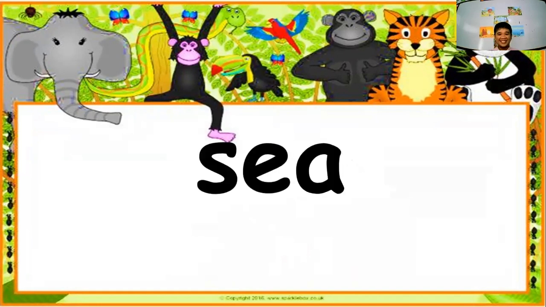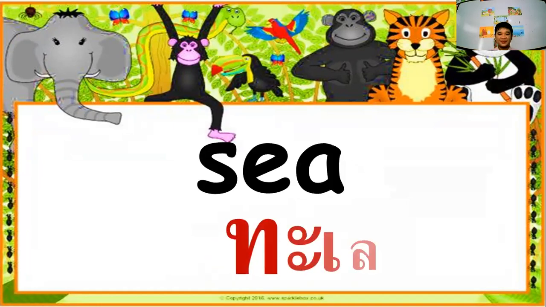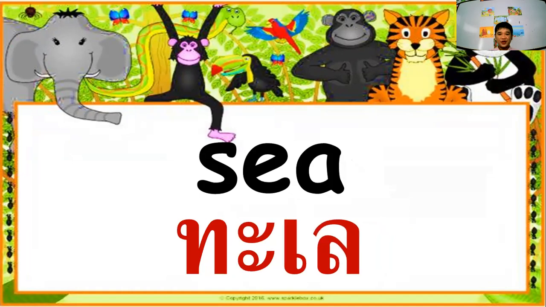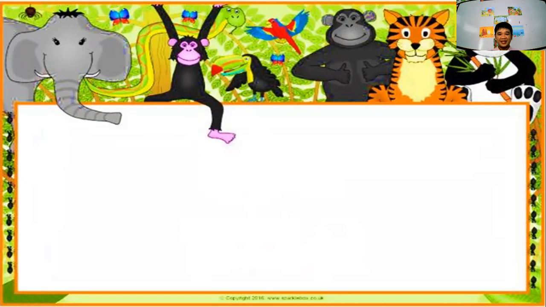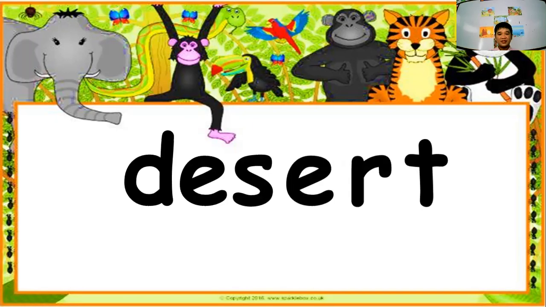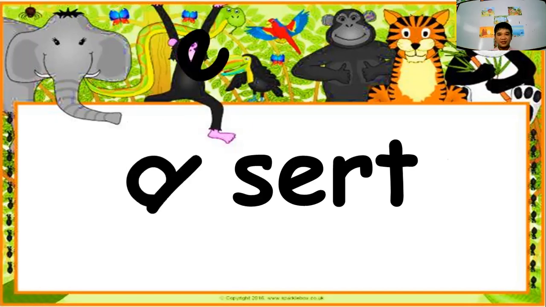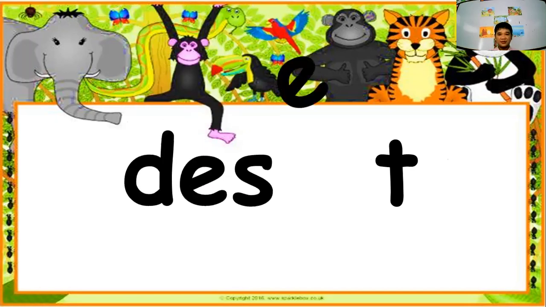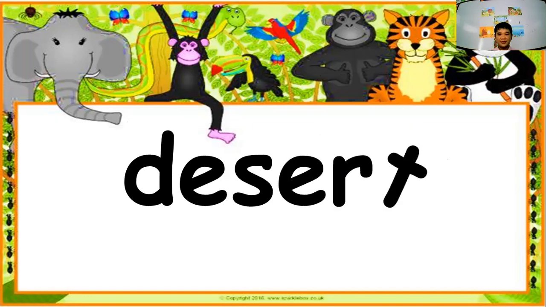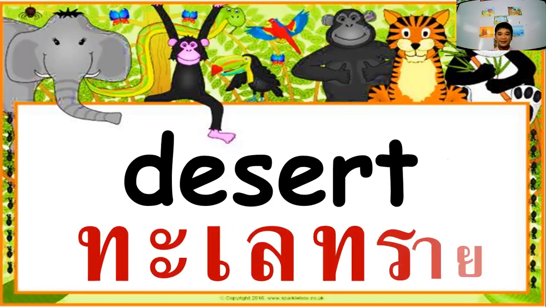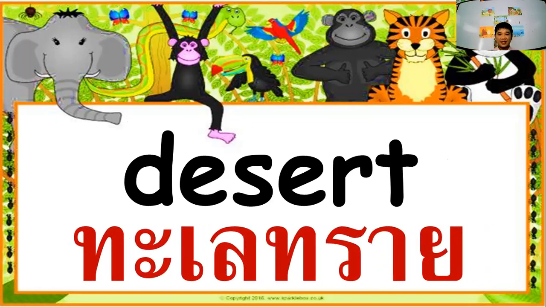That's right. So how are we going to write this in Thai? There you go. And then another one, desert. Desert. Everybody say desert. So how are we going to write this in Thai? So that is the word desert.